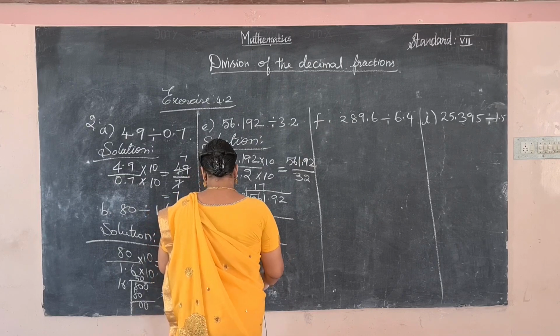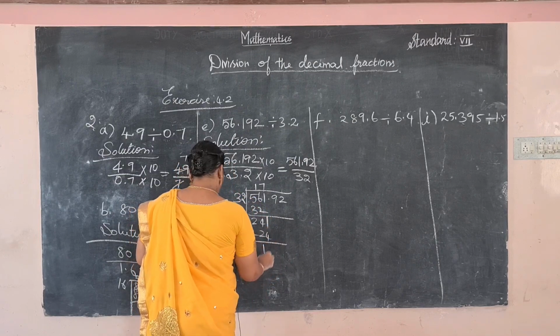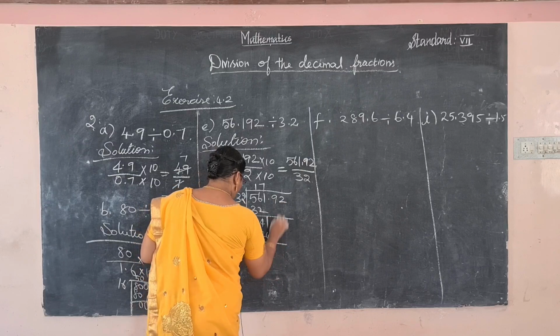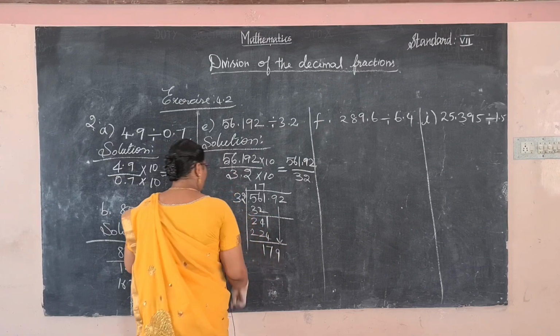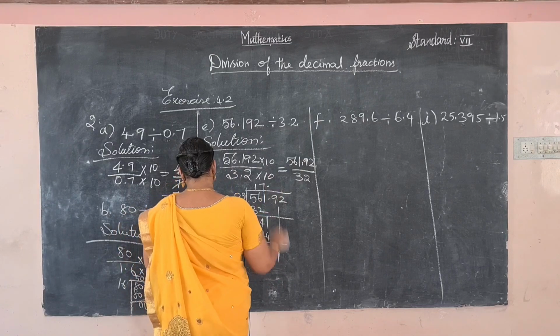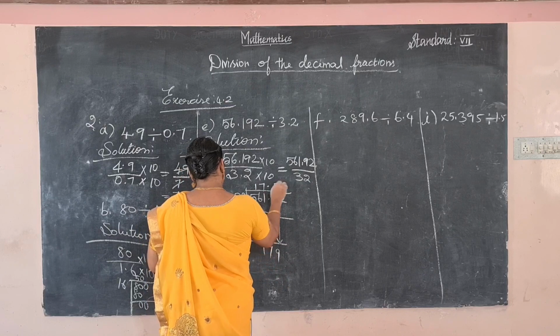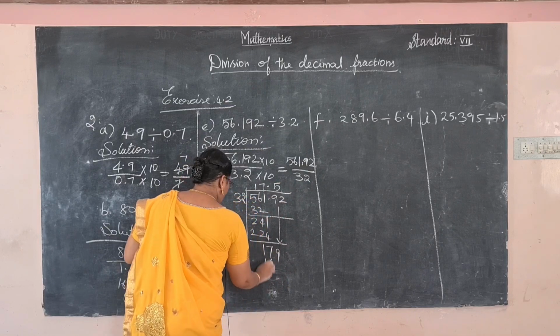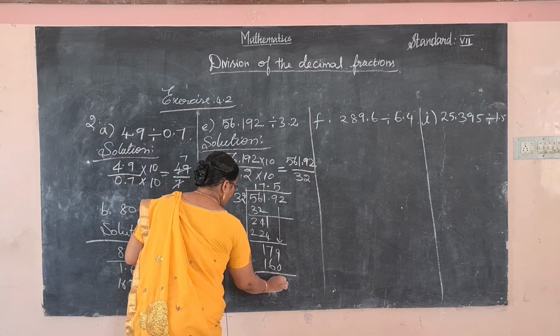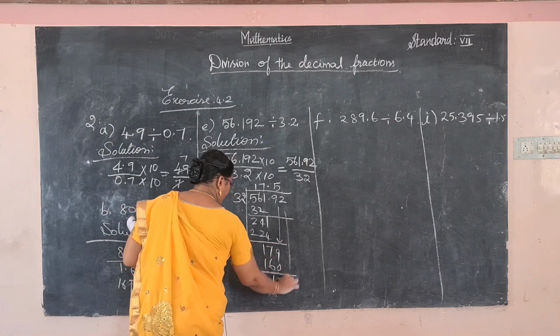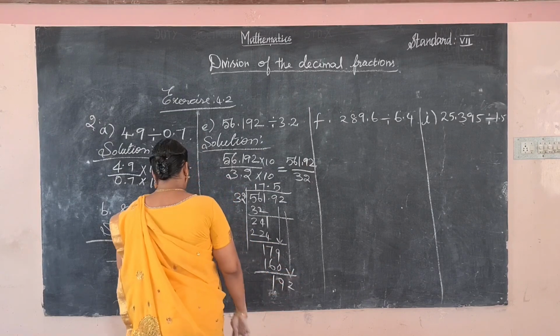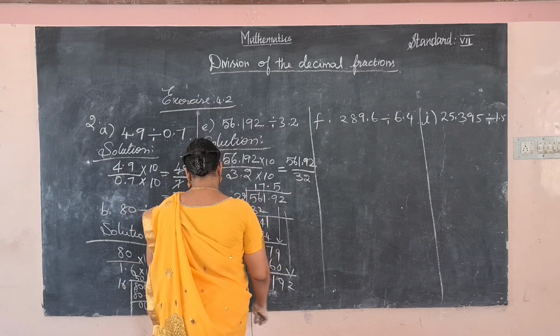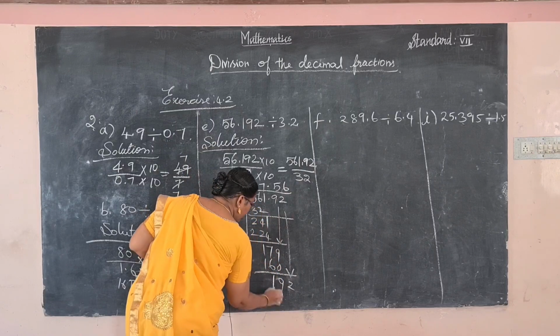224. And then next, 7. Bring down the 9. Here put the decimal point. So 5 times 32 is 160. Subtract, bring down the 2. So 92, how many times? 6 times is possible.